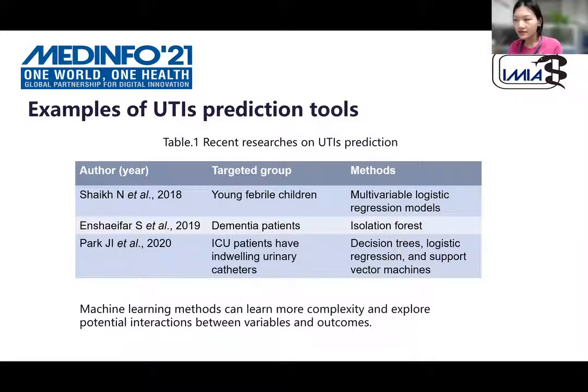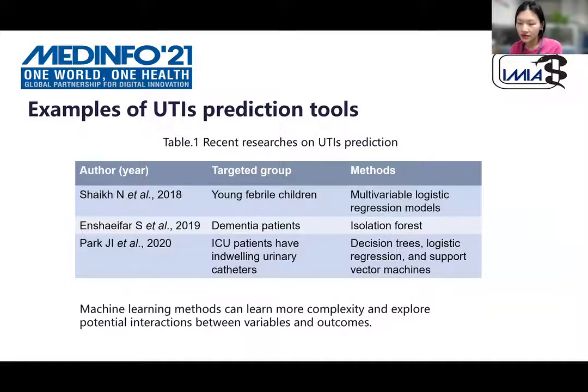Here we list some examples of UTIs prediction tools. Previous work has provided well-documented effects for the risk factors and highly susceptible populations for UTIs, while the risk prediction for UTIs is emerging. We can see from table 1 that recently the mainstream has transformed from traditional logistic regression models to machine learning approaches.